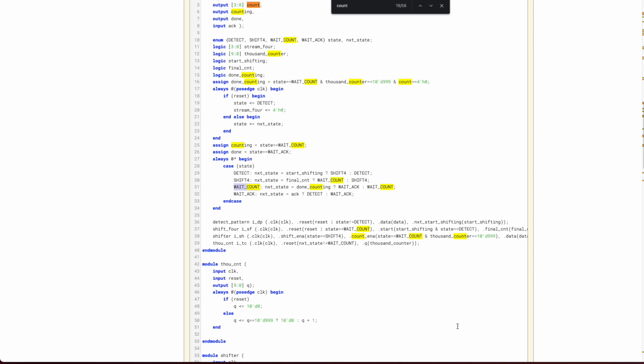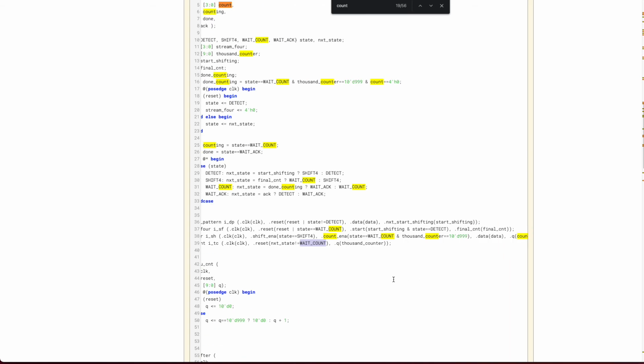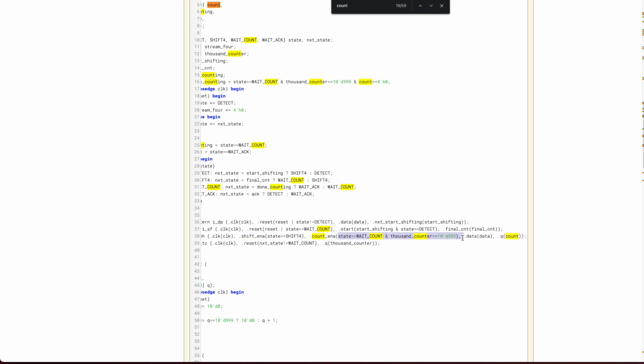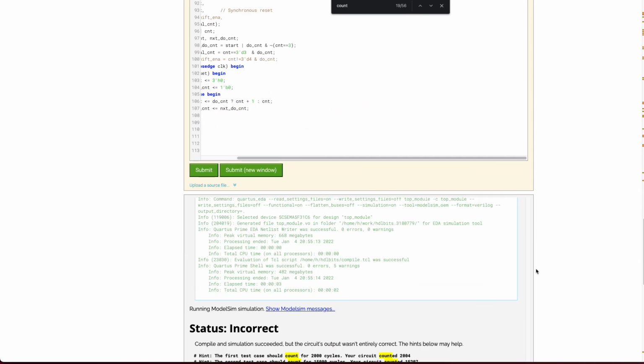So next cycle is 0 all the way up to 999, and then you're going to go ahead and do this, and this will stay in wait count for a while. So reset will be 0 for a while, and then this will keep counting 0 to 999, and when I get to 999, this will decrement this by 1.